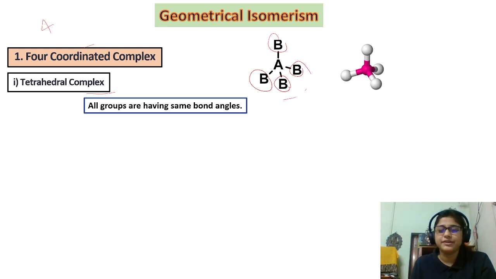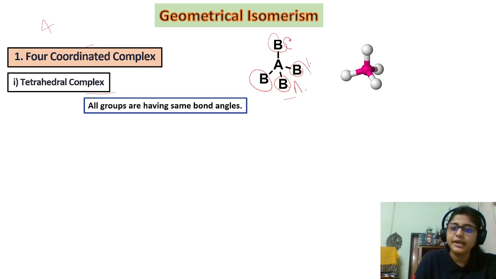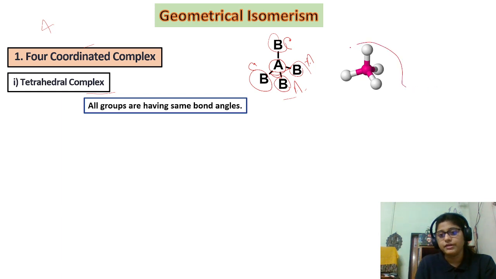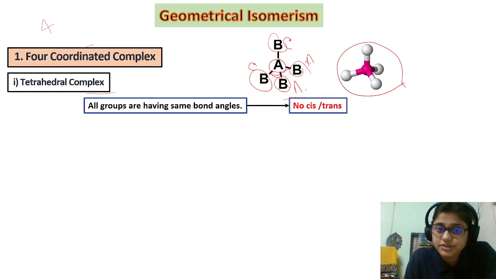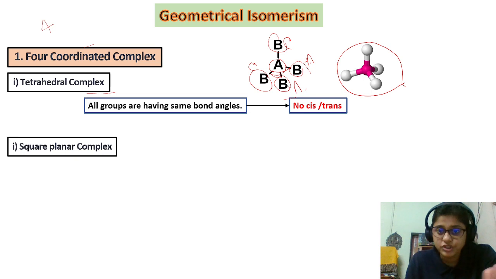How will it be different? If you incorporate C here, A can be here, C can be here, but all the angles are the same. These also, these also. Understood? In the 3D model, we'll understand in a proper way. Okay, so no cis-trans, no geometrical isomerism.